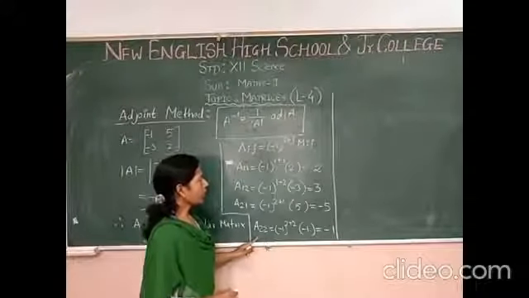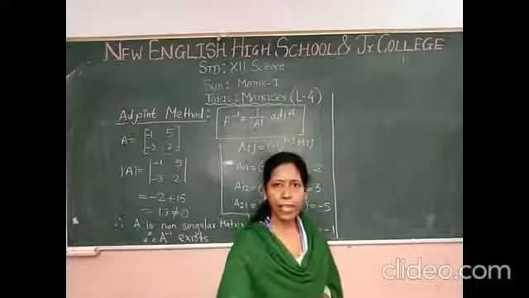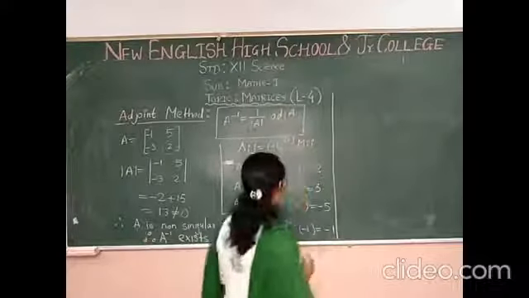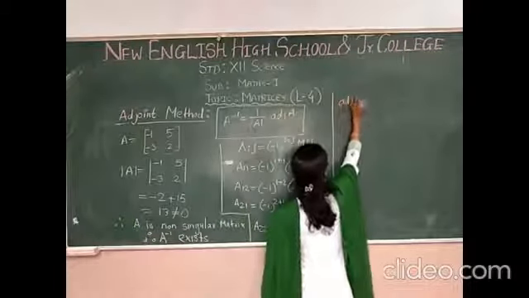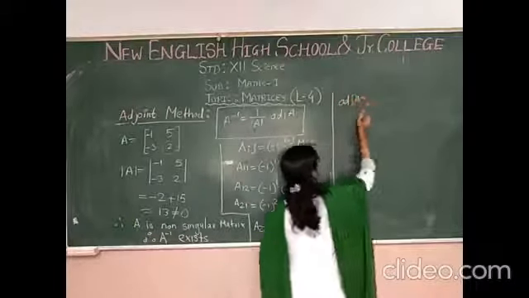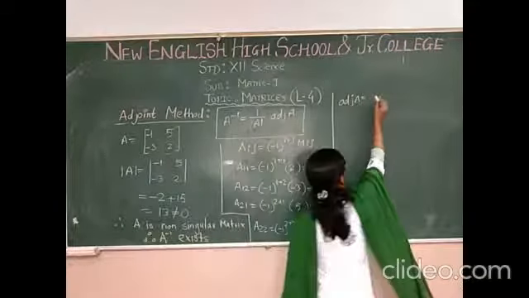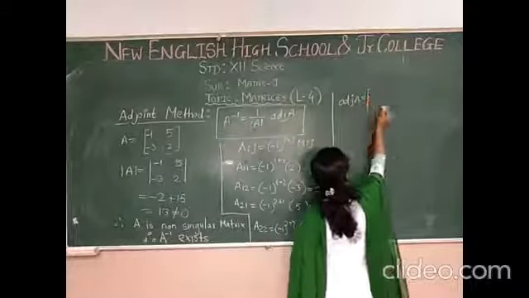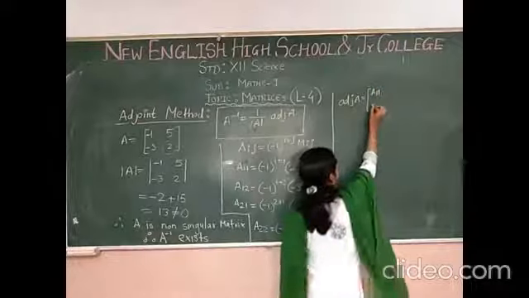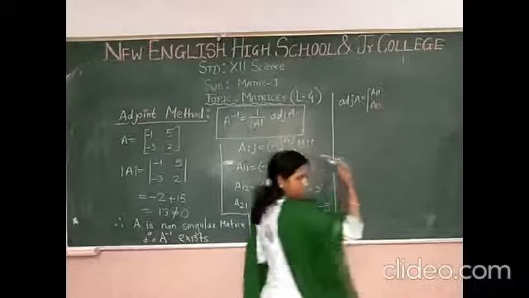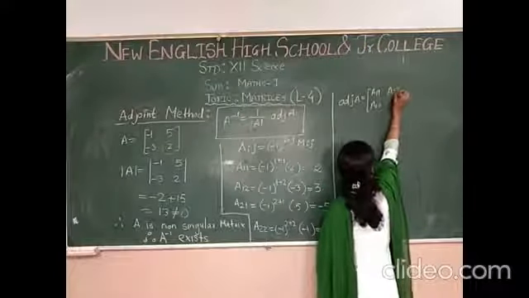Now we will find the adjoint. You can find the matrix of cofactors or directly you can find the adjoint. No issue. Okay? So I will write the adjoint. What is the adjoint of A? Transpose of its cofactor matrix, and we know it is A11, A21, then A12, A22.